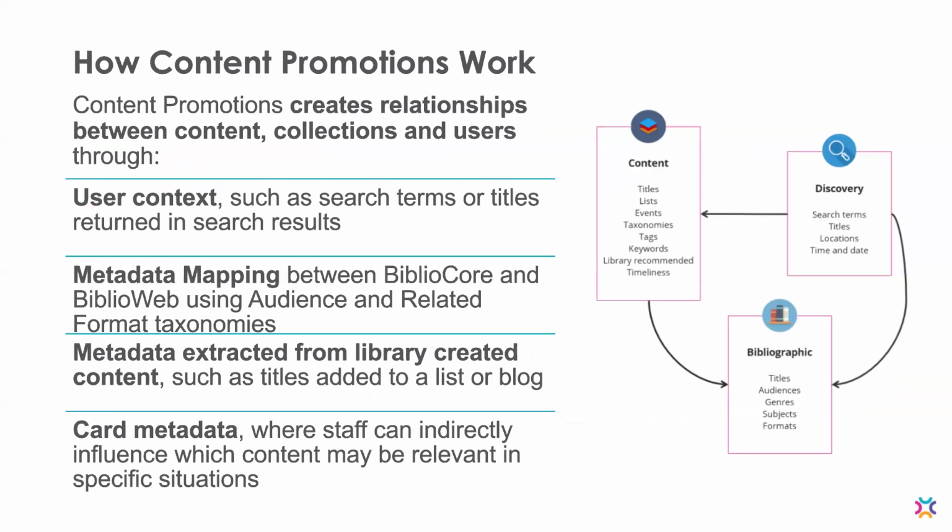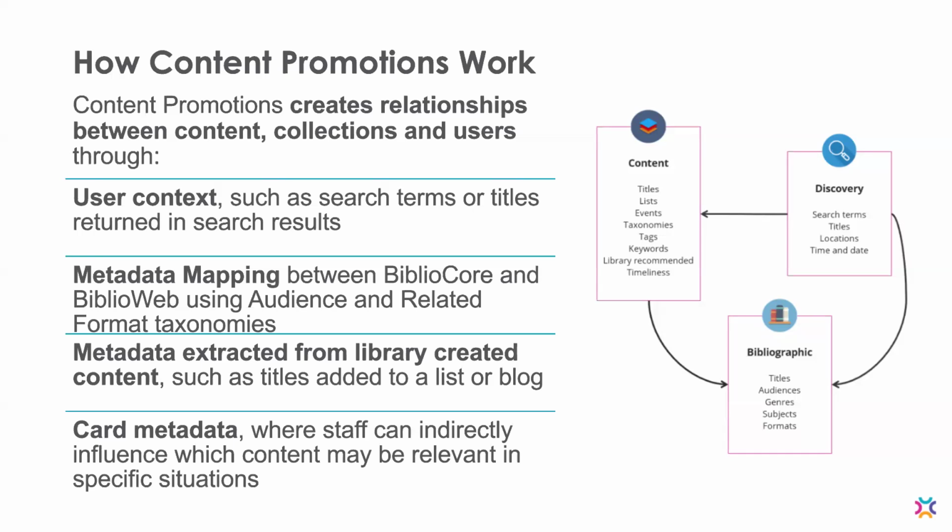Content promotions is really this idea of creating relationships between the content, your BiblioWeb cards, the collections, so what's in your catalog, and then your users. So we have that context we talked about. There's also something called the metadata mapping. What we use are the taxonomies of audience and related format.